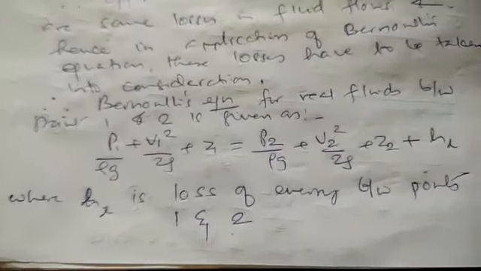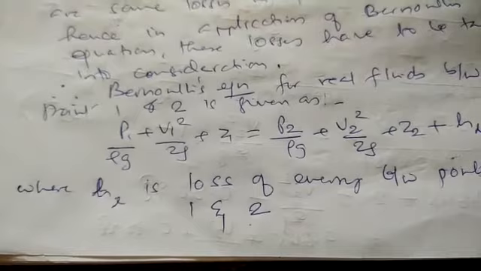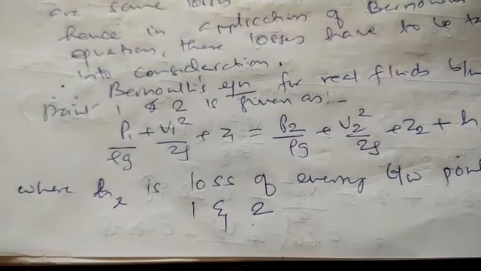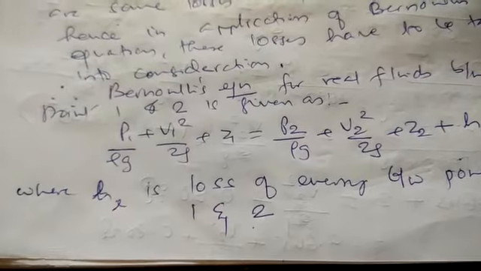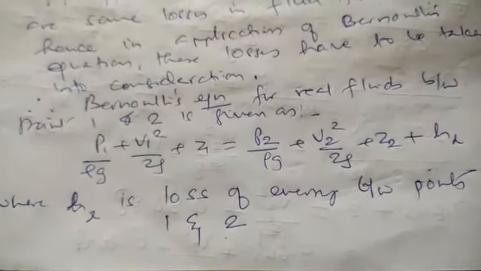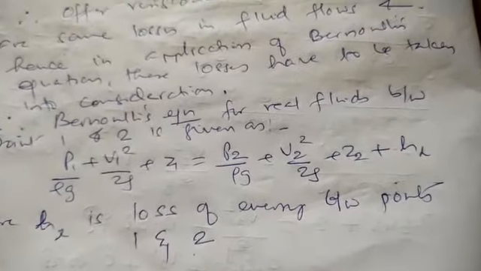Now applying the same equation here, you can see at section 1 and section 2, P1 by rho g pressure head, V1 square by 2g velocity head, Z1 datum head is equal to P2 by rho g plus V2 square by 2g plus Z2 plus HL.